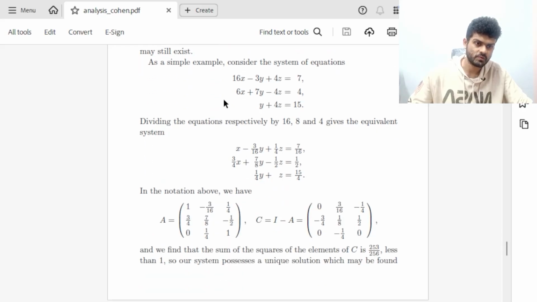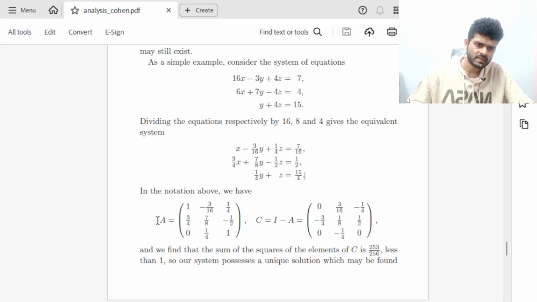As you can see, the first equation they have divided throughout by 16 to get this one. The second equation, they have divided by 8. The third one, they have divided by 4. So essentially, they have formed an equivalent system, and these two systems have the same solution.